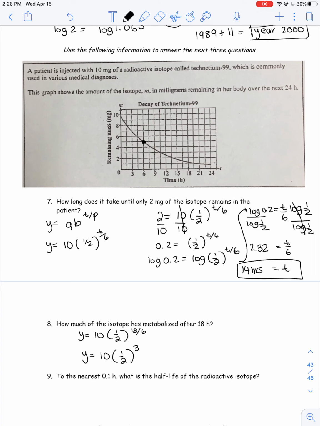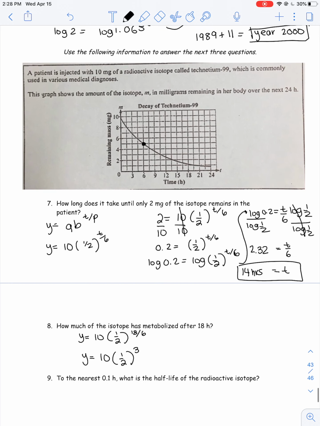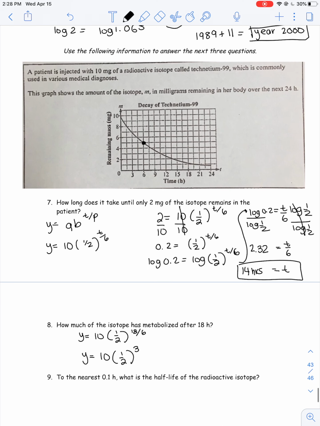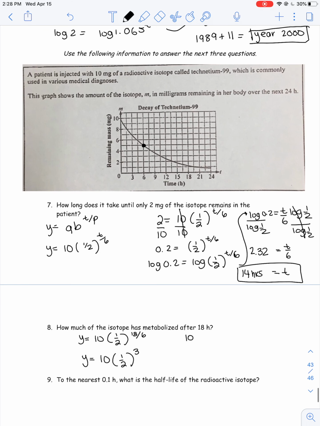So you're going to go 10 in brackets 1/2 to the power of 3. And you should get 1.25. So we know that we've used up 1.25 milligrams. They're saying how much has metabolized, so we're actually going to have to take the original 10 milligrams and subtract 1.25 milligrams.